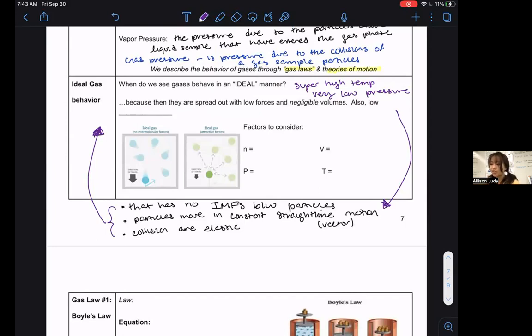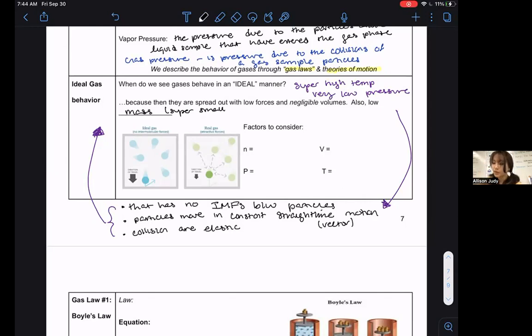We also see that gases behave in an ideal manner when they have super low mass, when they're super, super small particles. So a hydrogen gas sample would probably behave more ideally than a bromine gas sample, because bromine is simply bigger, which means there are more electrons, which means there could be more LDFs, IMFs that stick the two particles together if they were to collide in the actual world, not in the theoretical.